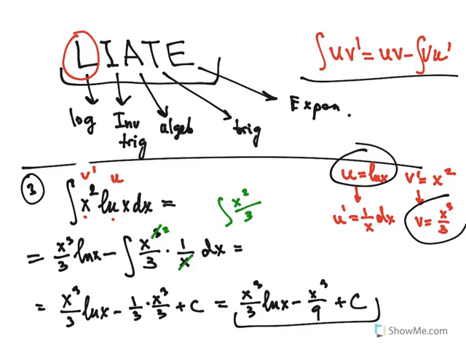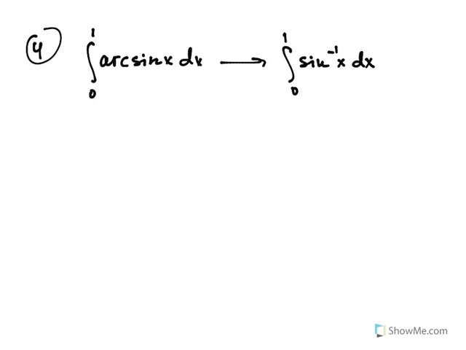Whatever comes first here: we have log, we don't have log. Then it goes I, inverse trigonometric functions, and that's what we have here. So automatically you say this is your u, and the dx part is your v prime. Well, dx is the same as 1 dx, correct? Okay, so I'm going to write on the side, u is sine inverse, and v prime is dx.